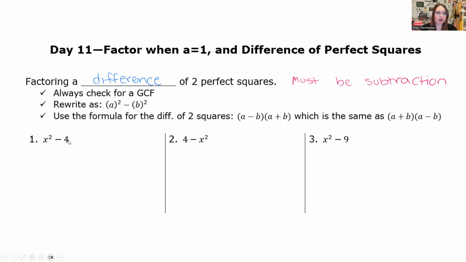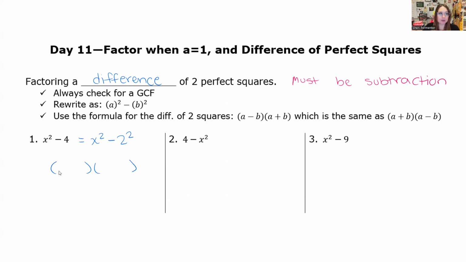So I'm going to rewrite 4 as 2 squared. So this turns into x squared minus 2 squared. And as soon as you have it written as something squared minus something squared, it's going to use that formula. So I'm going to have parentheses and I write the first thing first.